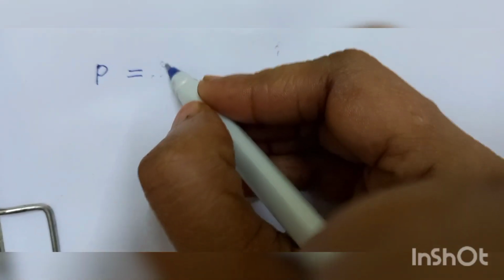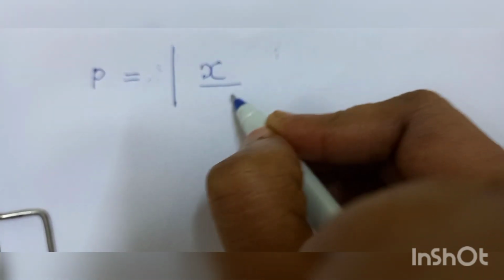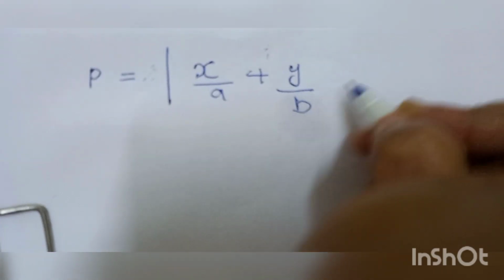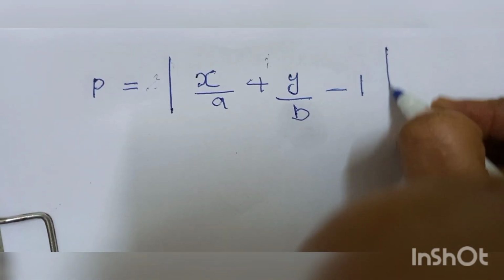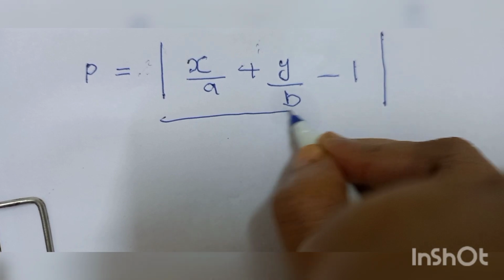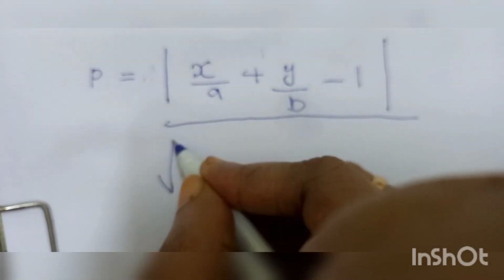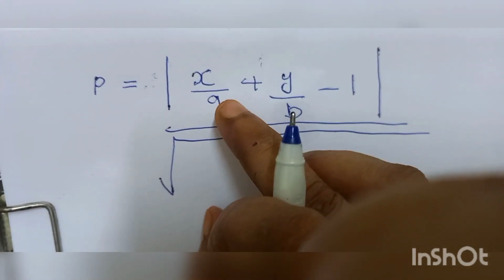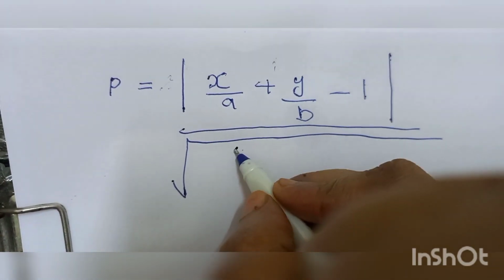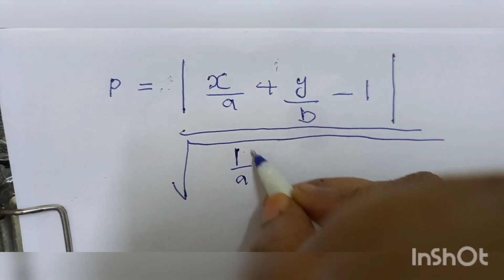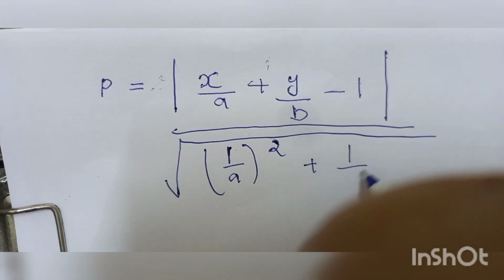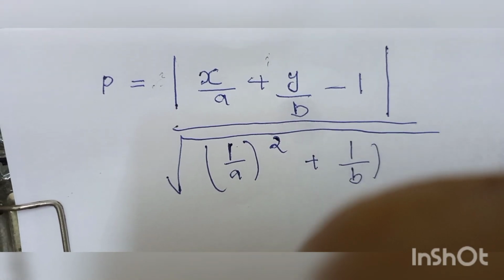And we can write p is equal to modulus of x by a plus y by b minus 1 whole divided by under root of A square, A square means 1 by a the whole square, plus 1 by b the whole square we get, isn't it?